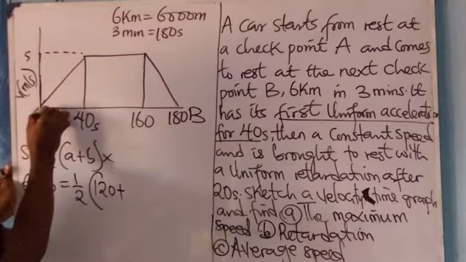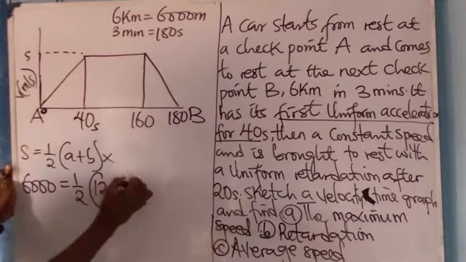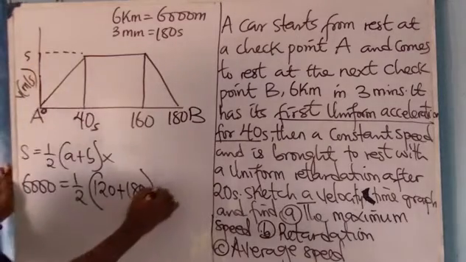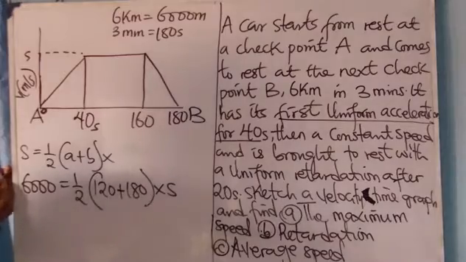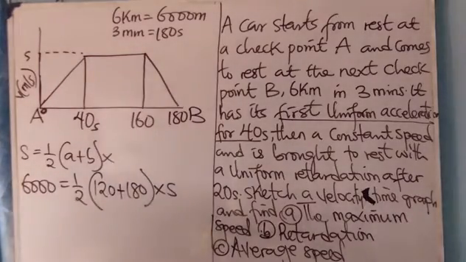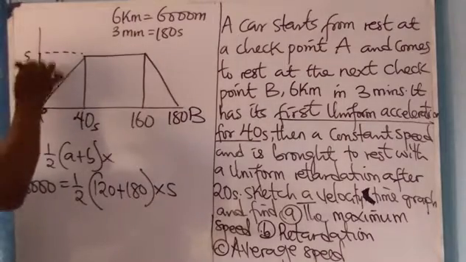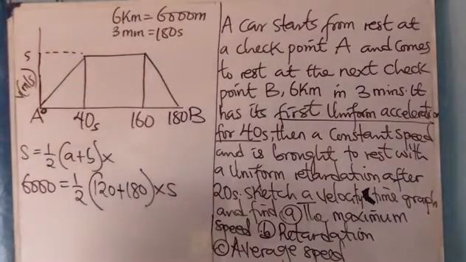This resting place is 0, plus 180. Then the height is what we are looking for, which is definitely the speed. You know that speed is distance over time.